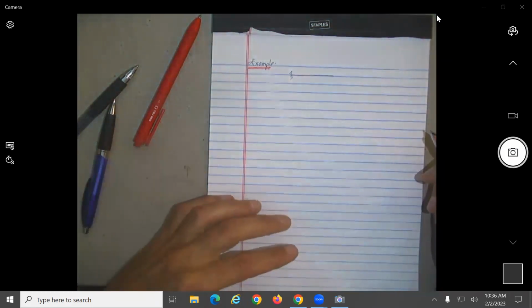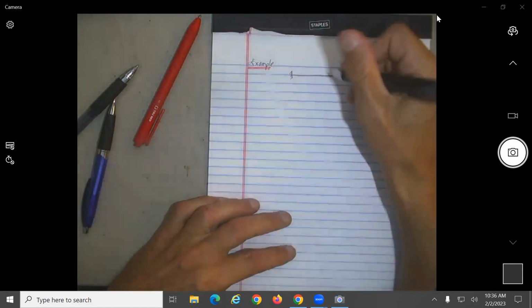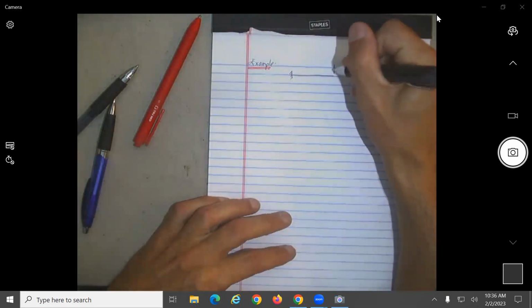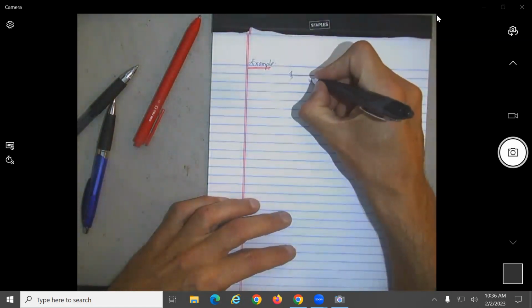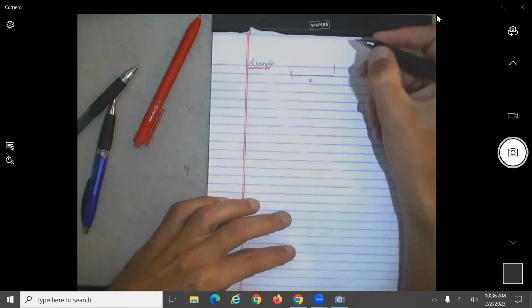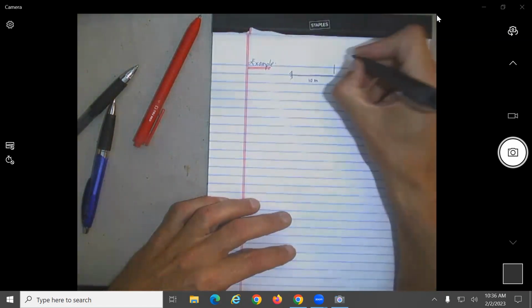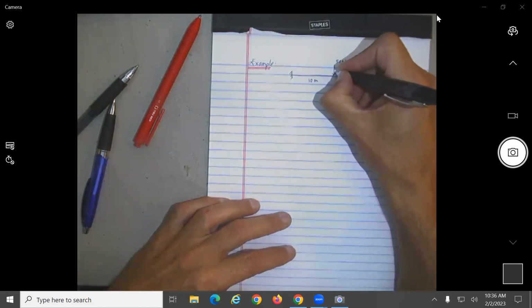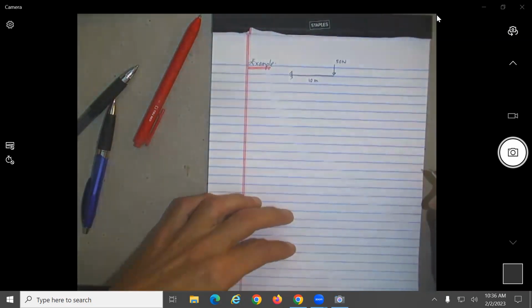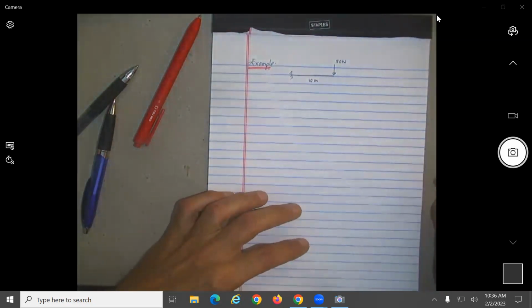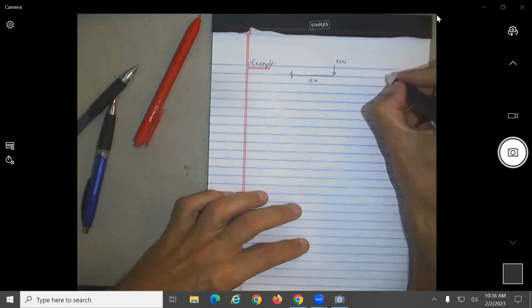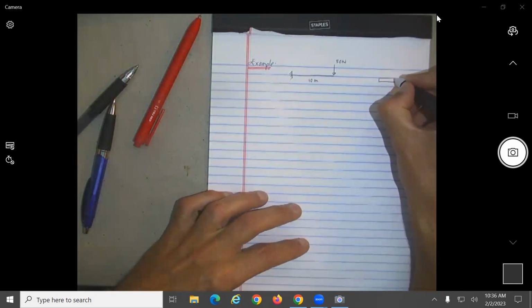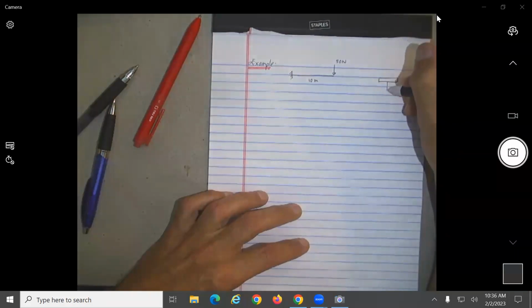Let's say this is 10 meters, and this is 50 newtons. On this, we have an I-beam.